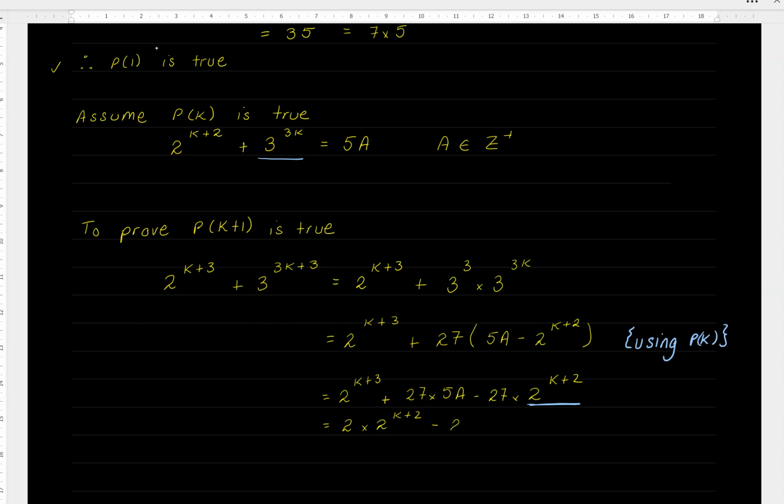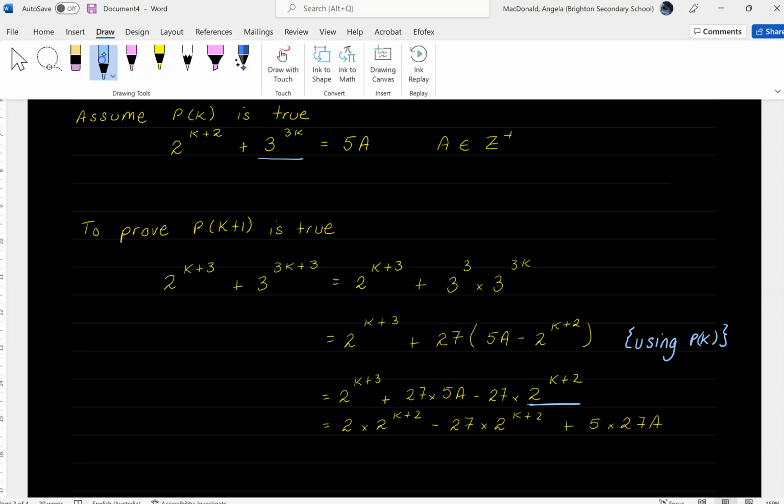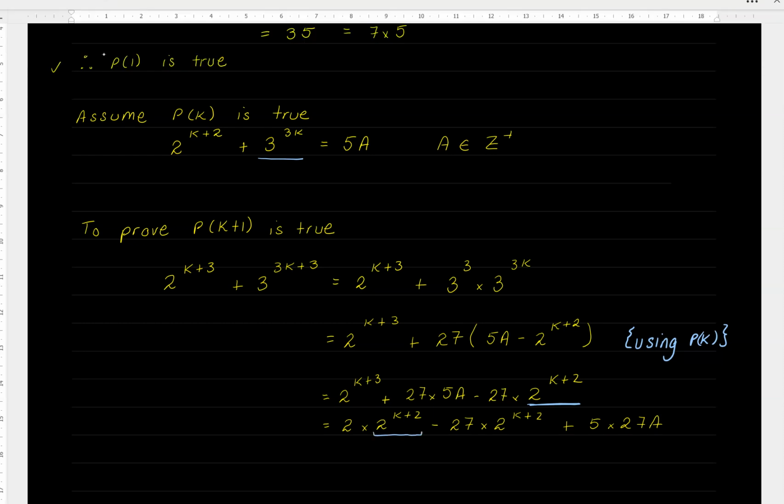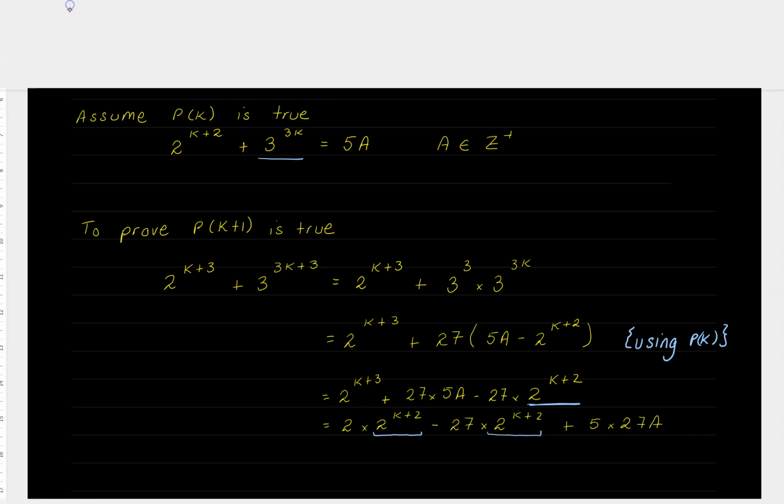And I'm taking 27 times 2 to the k plus 2, and I've got my 5 lots of 27a. Now we have similar terms because I've got 2 lots of 2 to the k plus 2, and then minus 27 lots of 2 to the k plus 2.